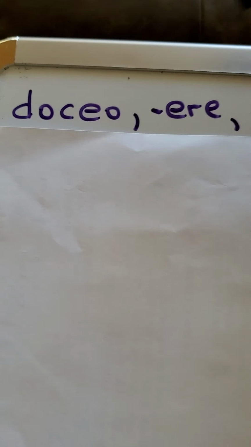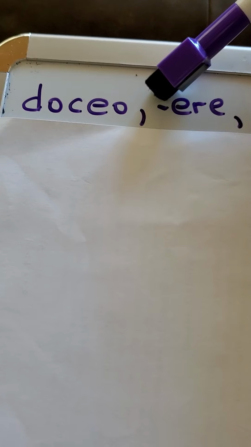It has the -o form, doceo, the first person, present tense, and then it has these endings. Okay, and so you have to form the principal parts yourself. And what you do is you go back to the consonant. In other words, doceo, then it's docere, you hook that -ere by going back to the consonant.